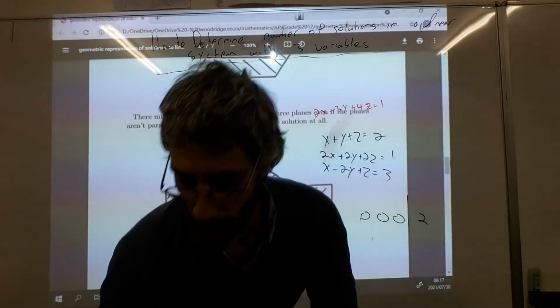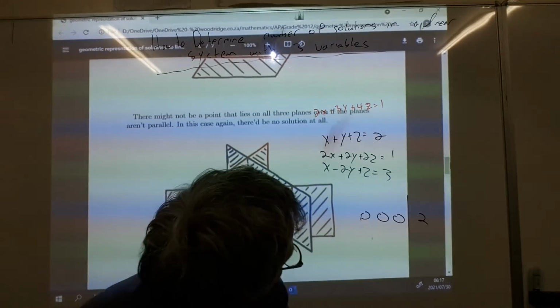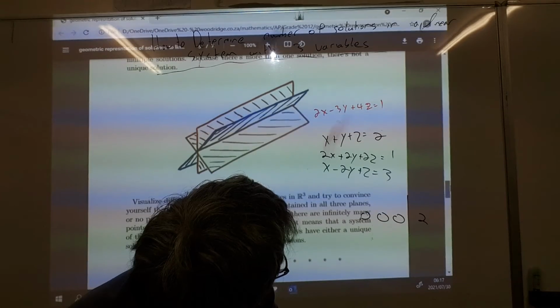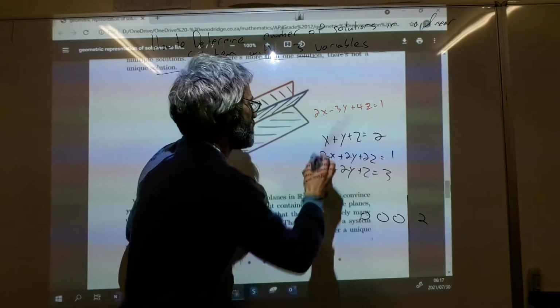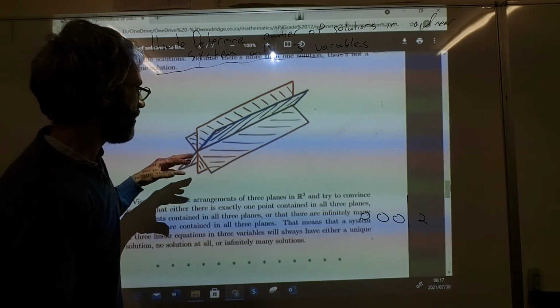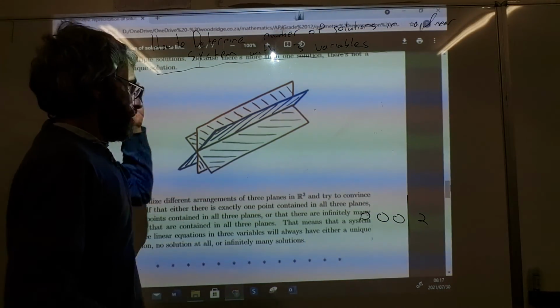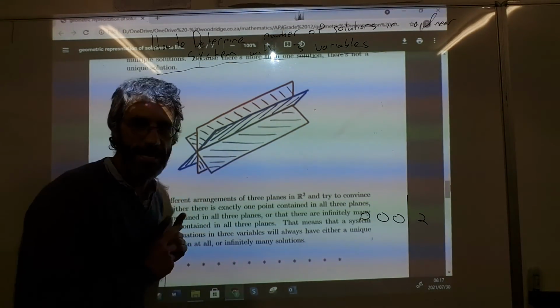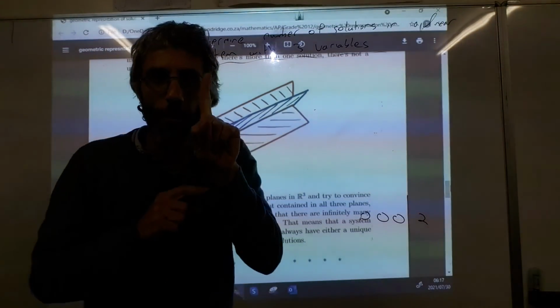Now we're moving on to infinite solutions. So what's our first one? There are again a few possibilities. We can have three planes, none of them parallel. They're all intersecting, but the intersection is not a point.